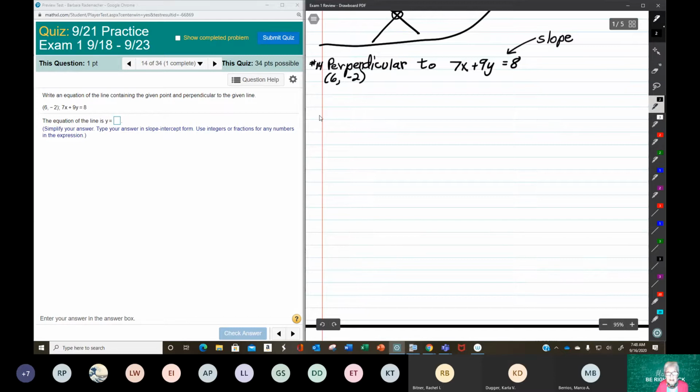But we get to that later. Right now we have to use this line to find the slope of this line because this slope is going to be related to that slope. So I subtract 7x from both sides.